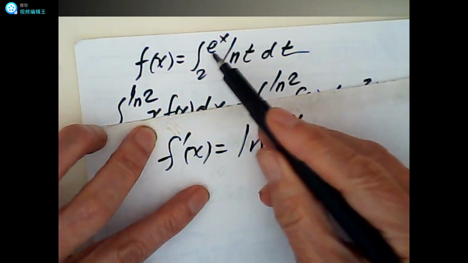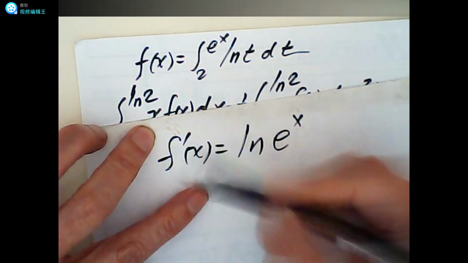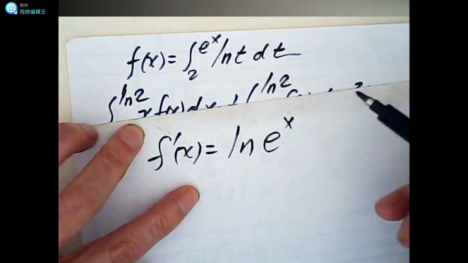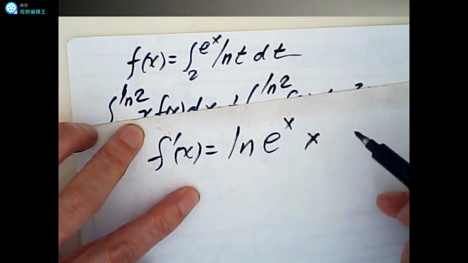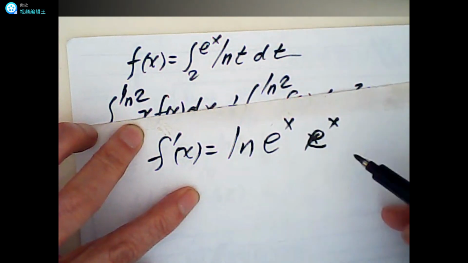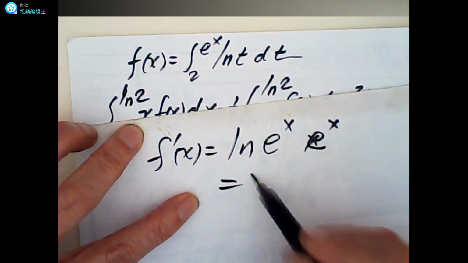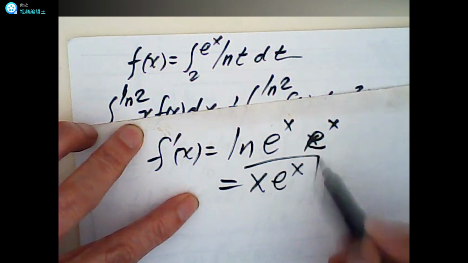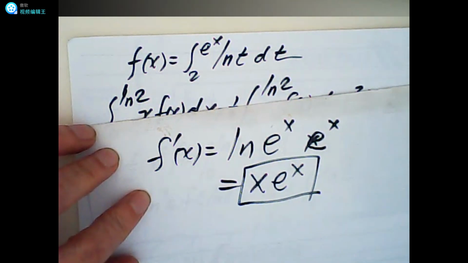But don't forget, this is not x. This itself is a function. When you take a derivative, you apply the chain rule. So what about this derivative, which is x? No, which is e to x, sorry. Yeah. So this one is x, this is e to the x. That is my f prime of x.